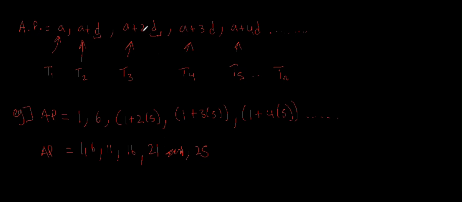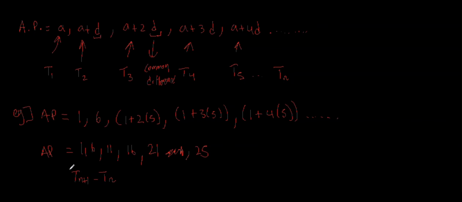Hence the term common difference. There's a difference of 5. We could verify this by subtracting the T subscript n plus 1 term minus the T subscript n term.